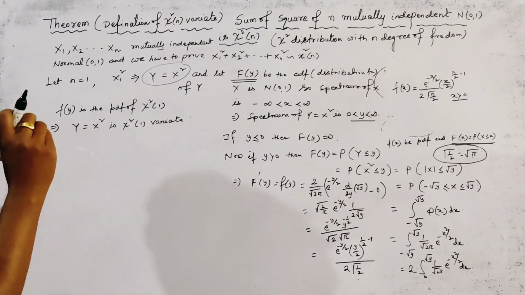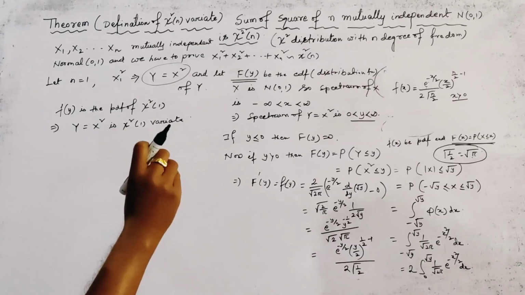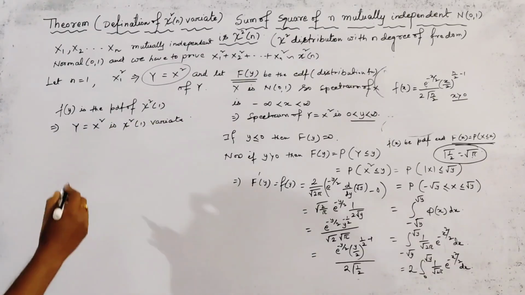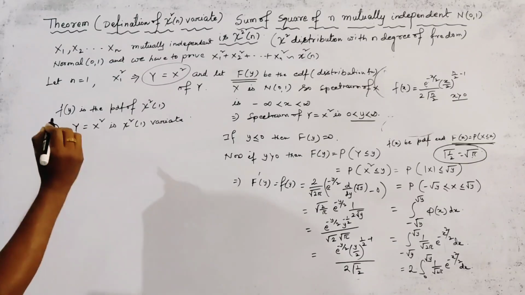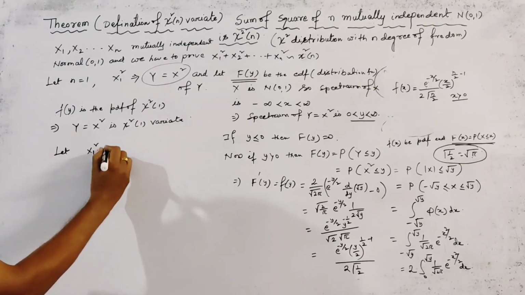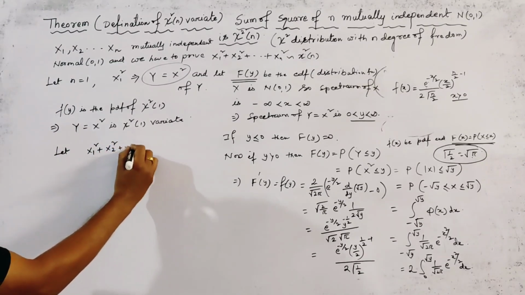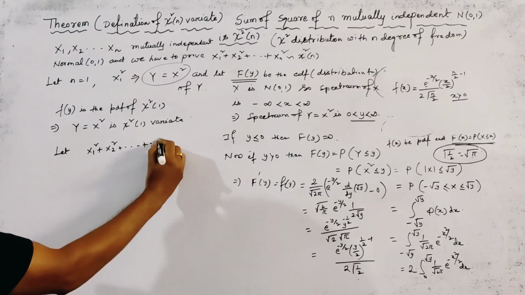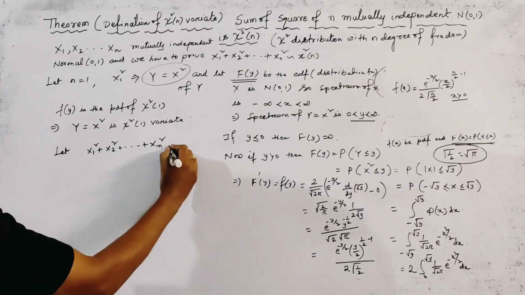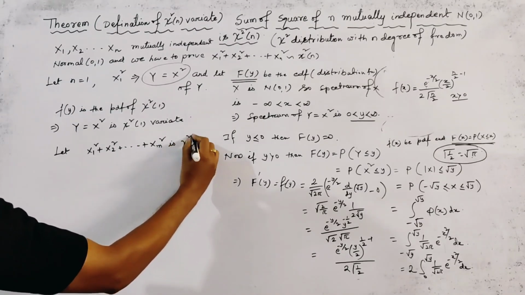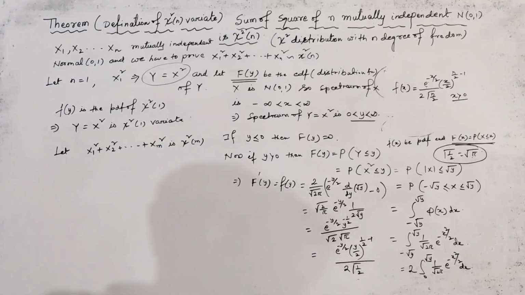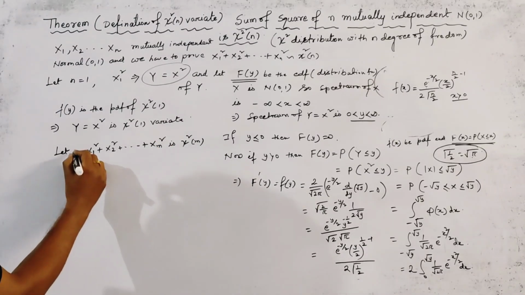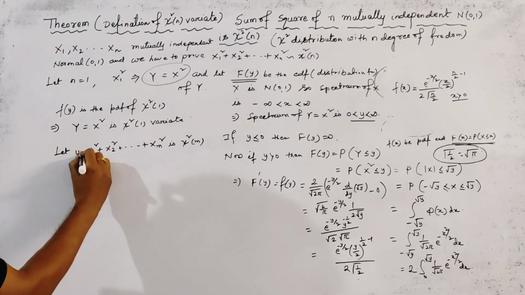So by using the principle of mathematical induction, we let that x1 square plus x2 square up to xm square is Chi-Square m, and let it be u.